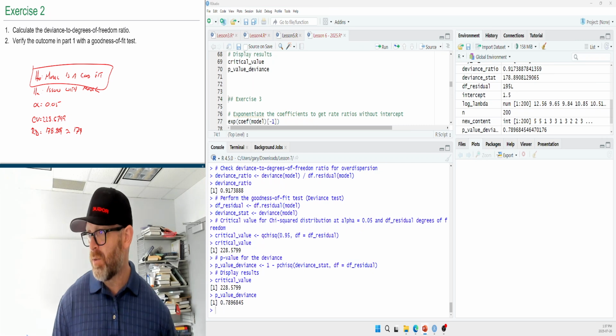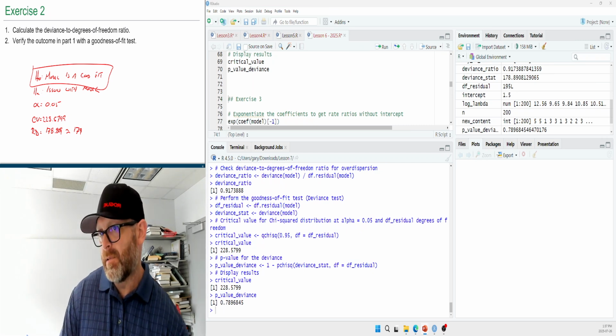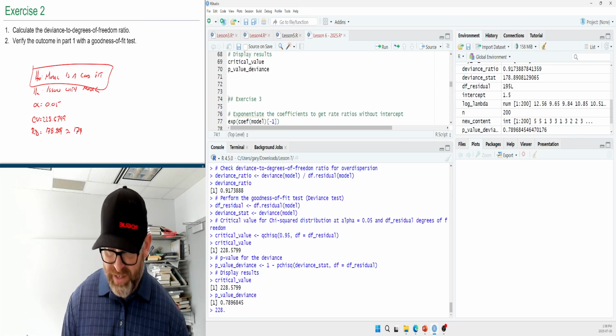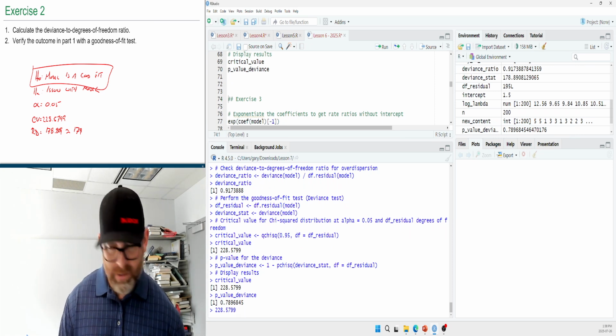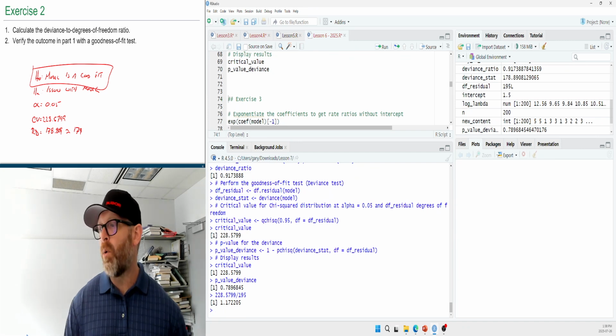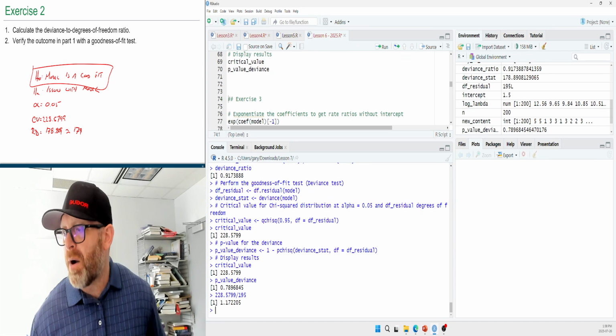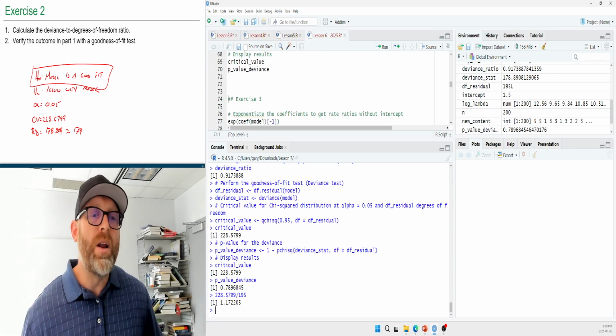Let's look at this just for one quick second here. So if I took 228.5799 and I divided that by 195, I get 1.17. The 195 is my degrees of freedom based upon this model. That 228 would have been my critical value.